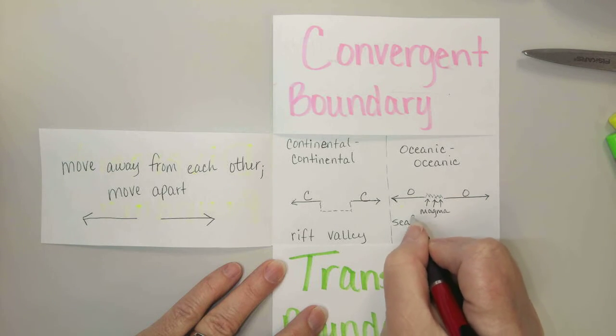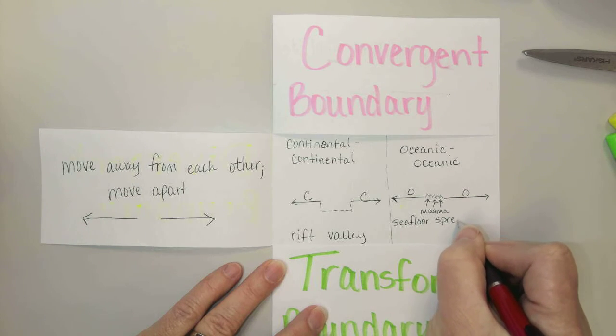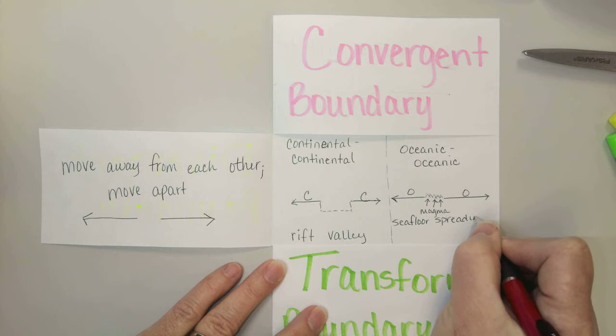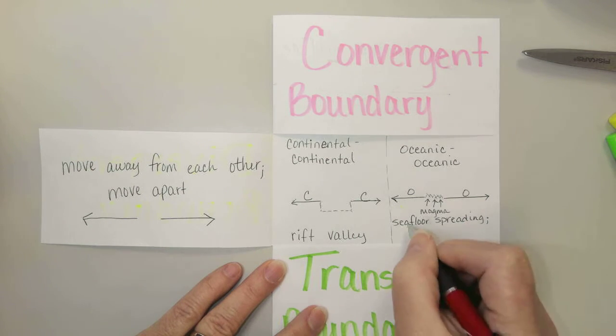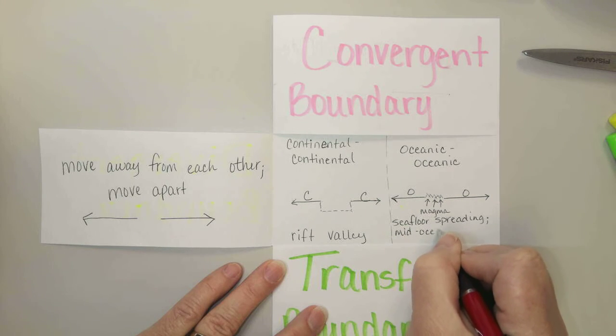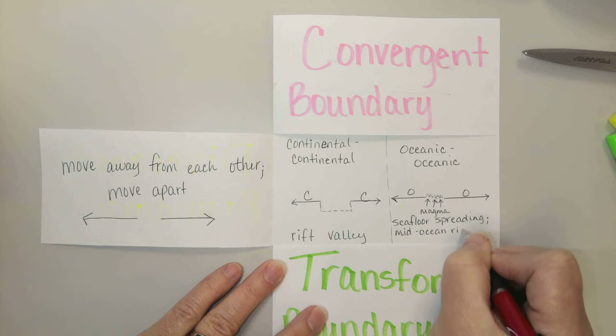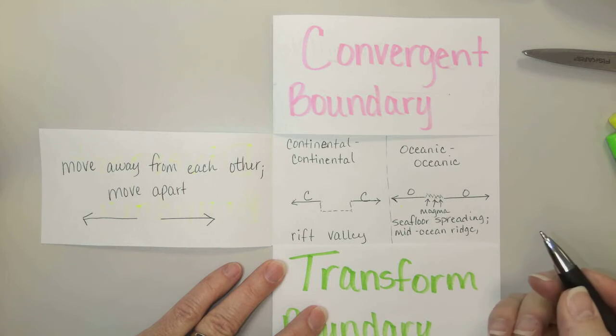So this is what we call seafloor spreading. It's where the floor of the ocean is spreading out. It's pulling away from each other. What it creates is a mid-ocean ridge. There's an incredible mid-ocean ridge in the Pacific that we'll also show you an example of.